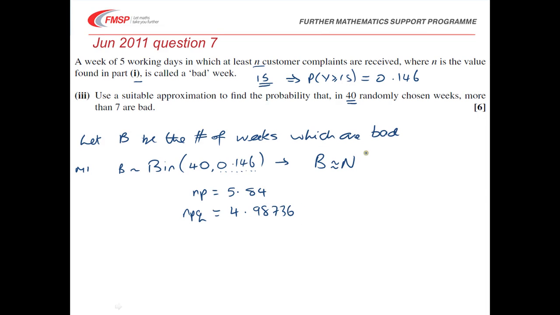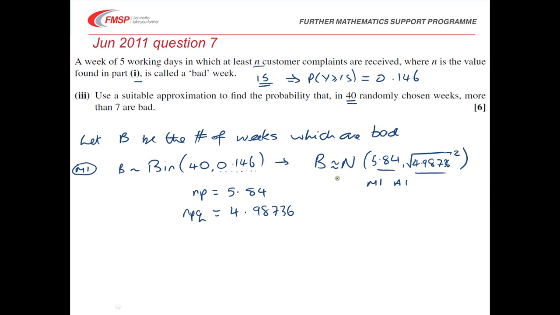So it can be approximated as a normal, 5.84, square root of 4.98736, squared. Okay, so as I say, you get your method mark for setting it up correctly in the first place. You're going to get another method mark for approximating and an accuracy mark for getting both of your parameters correct. So you get quite a lot of marks for this, really.